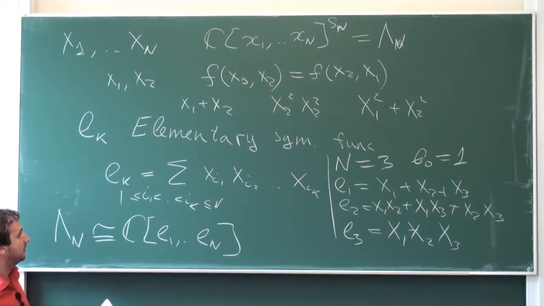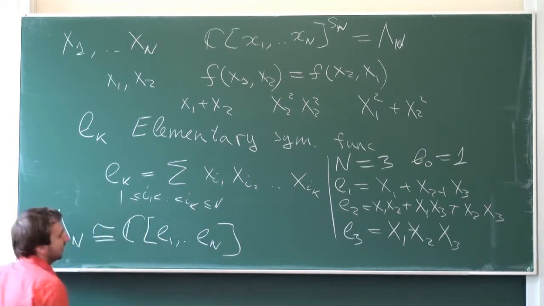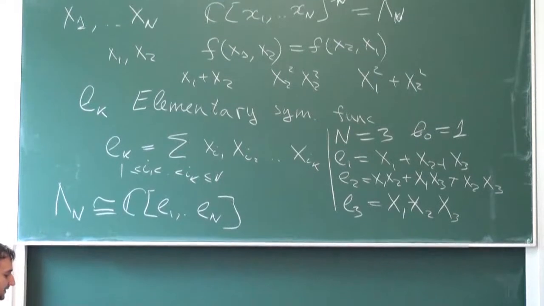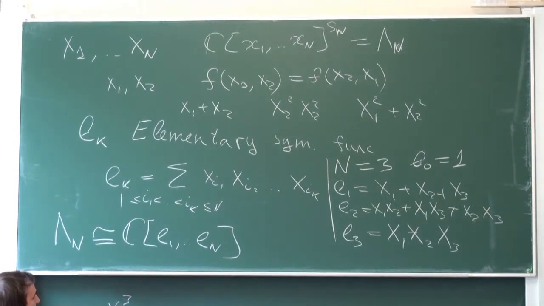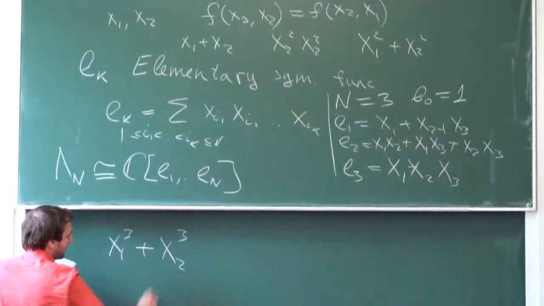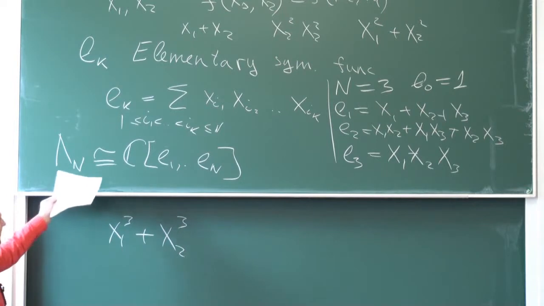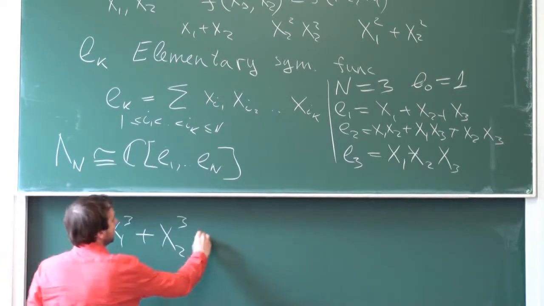For now, let me give just one example of its application. Well, just an example of why it's true. So suppose that you take some symmetric polynomial, say x1 cubed plus x2 cubed. So how to understand that indeed it can be expressed through elementary symmetric functions? Well, it's very simple.